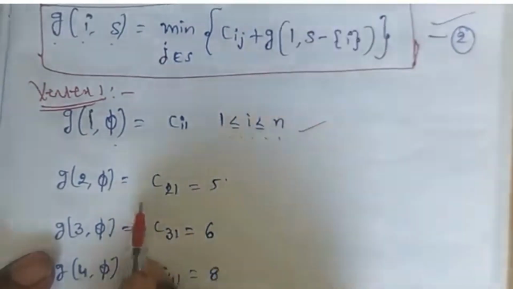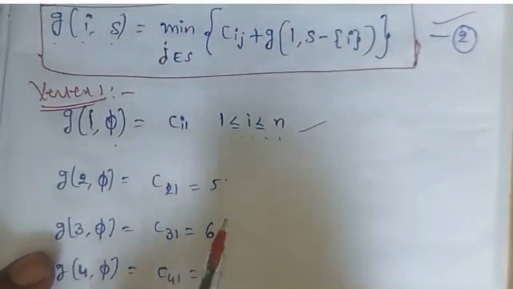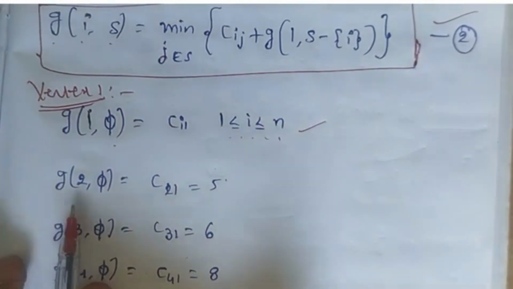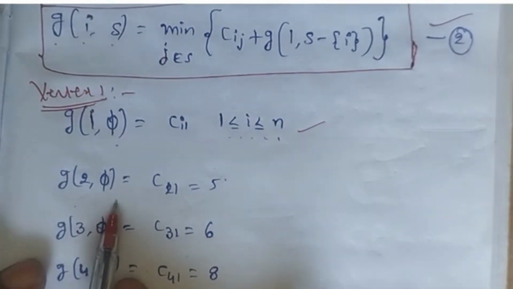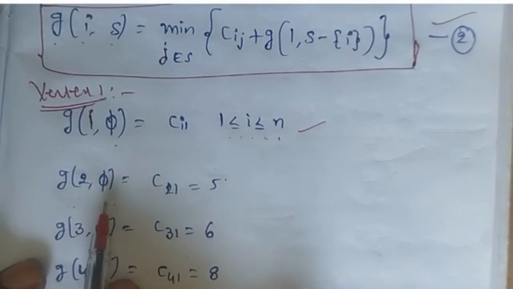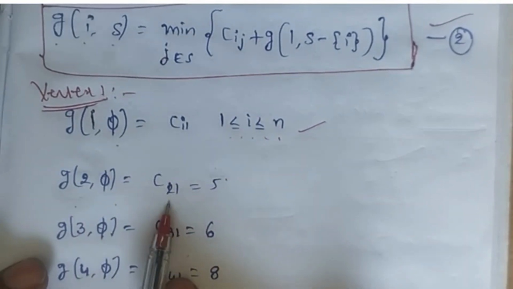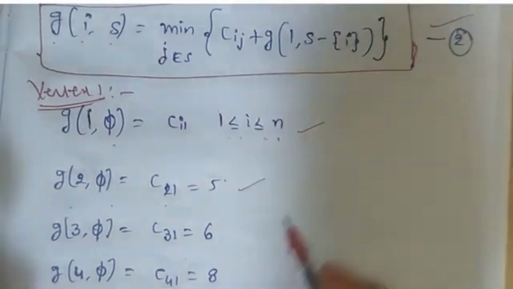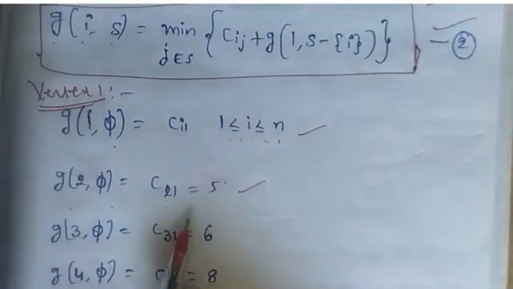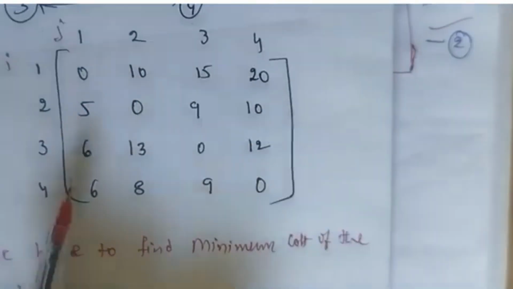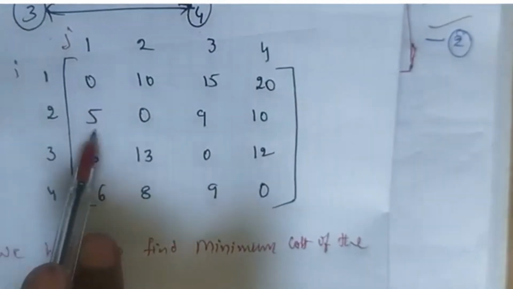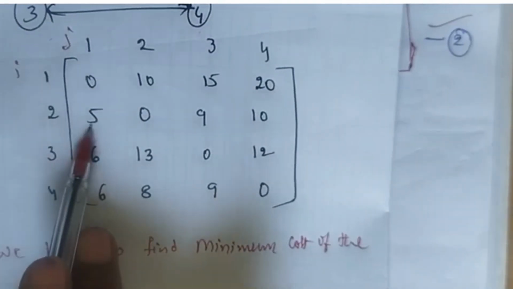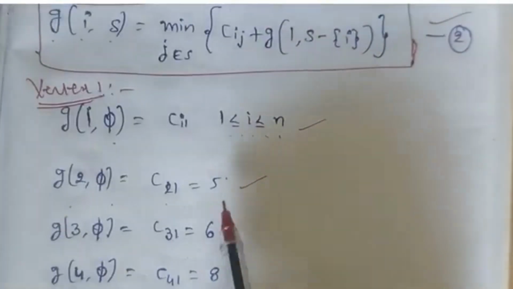Next, what is C21? G of 2 comma phi. G of 2 comma phi means C21, that equals 5. We know these answers from the example graph. Okay, see here, C21, C2 and 1 is 5. So this is 5.